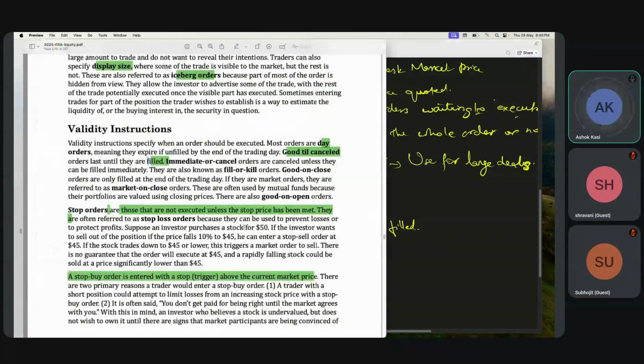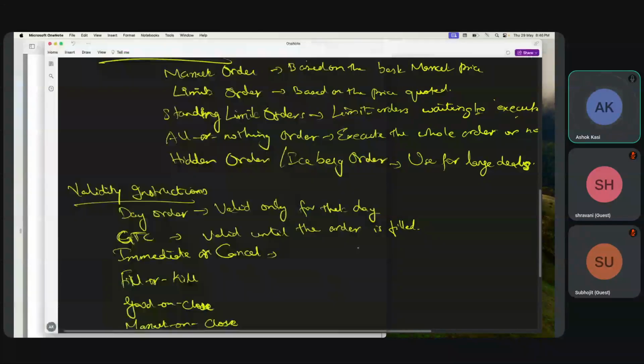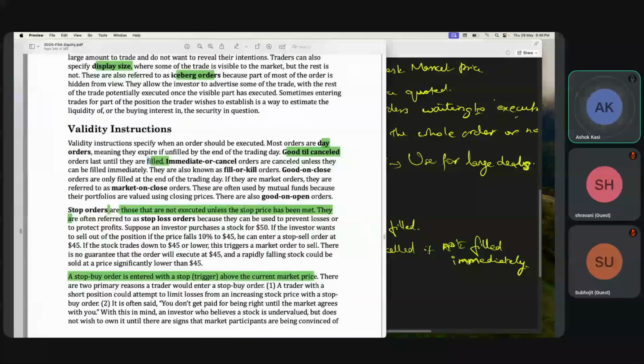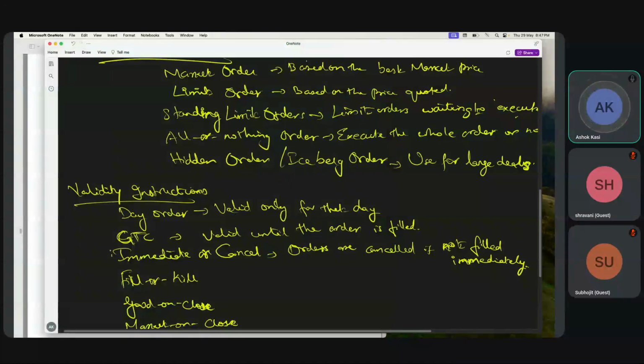Immediate or cancel: orders are cancelled if they are not filled immediately. Fill or kill. Both are the same only.